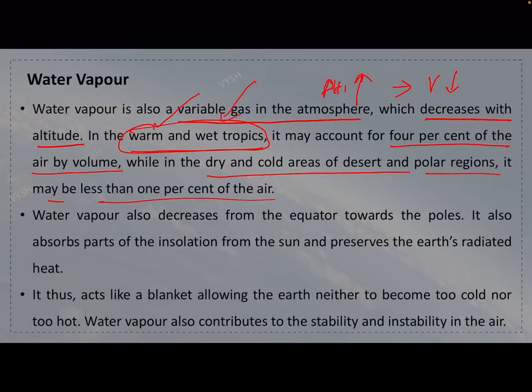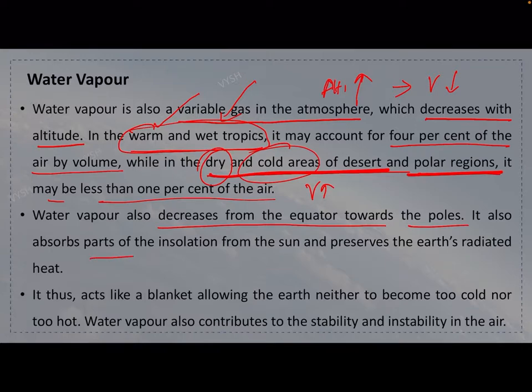So where there is warmth and wetness, automatically the water vapor will be high, and where there is dryness and cold, it will be low. Water vapor also decreases from the equator towards the poles.